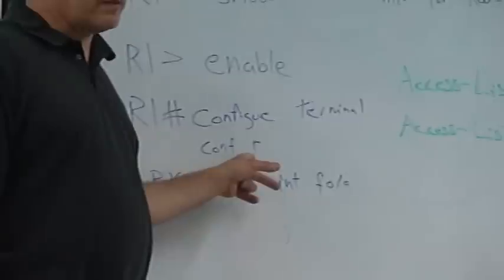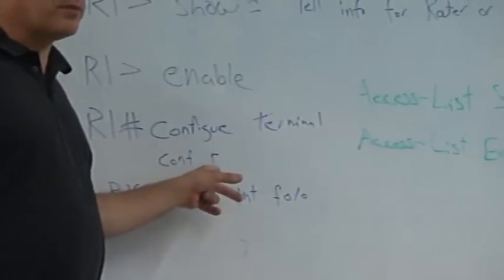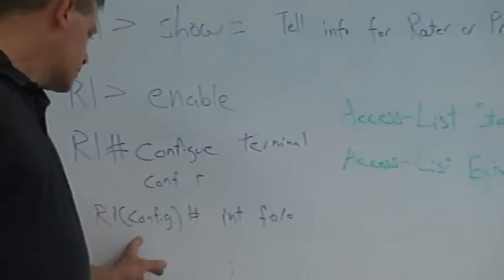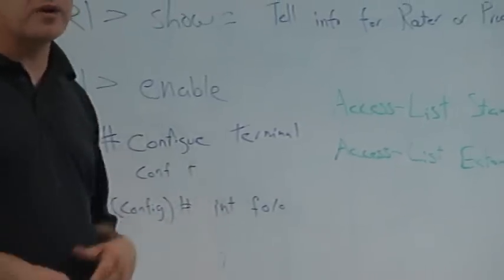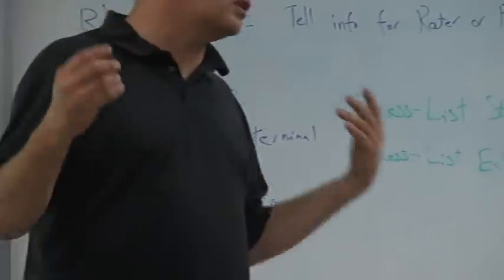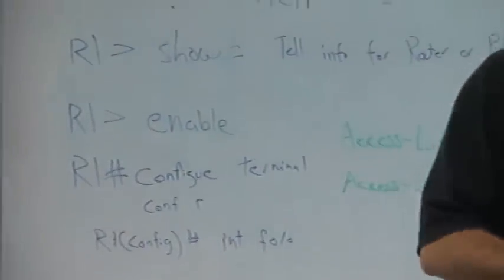I'm going to configure the system from terminal, which is going to change my prompt, and then I can go into interfaces, routing protocols, line protocols, all kinds of other good stuff.